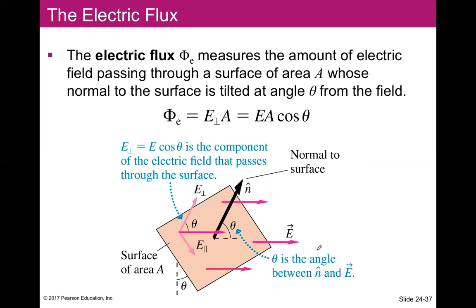Then when you do the calculation of the electric flux, it can be easily calculated as EA cosine theta. This is a dot product between your surface area and your electric field.